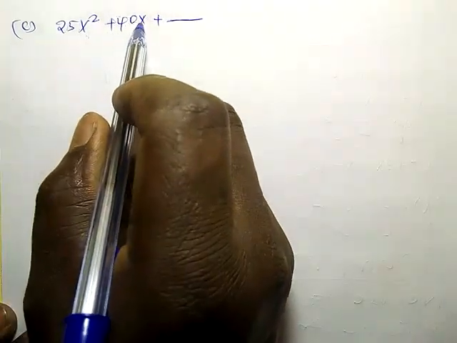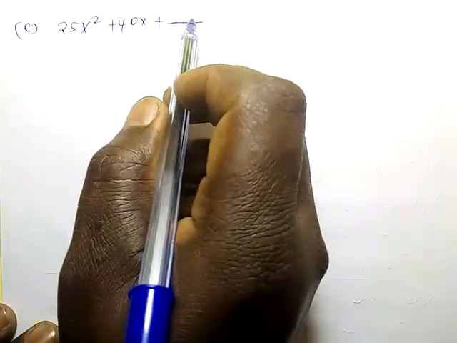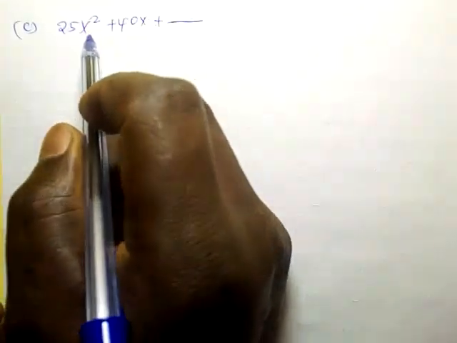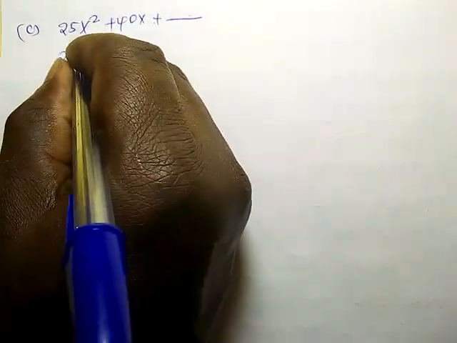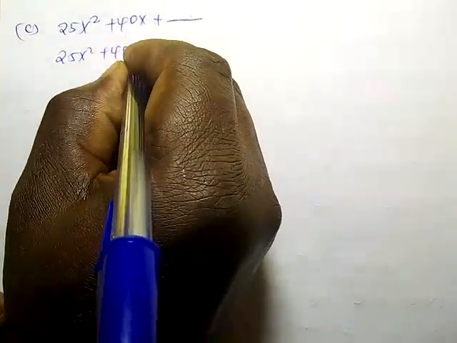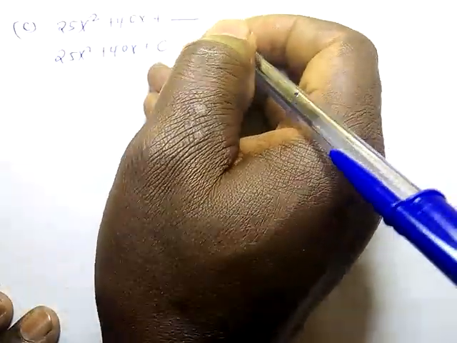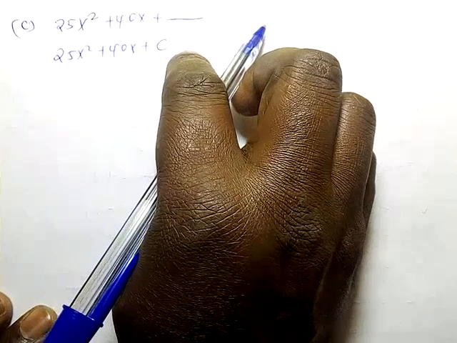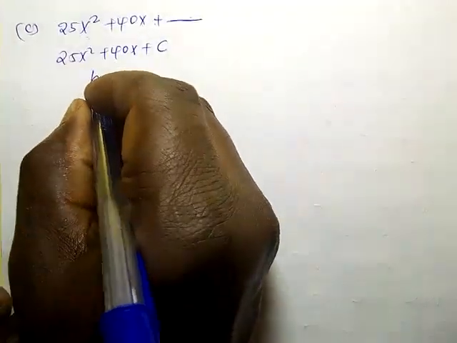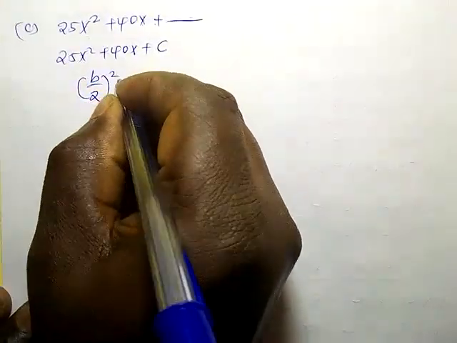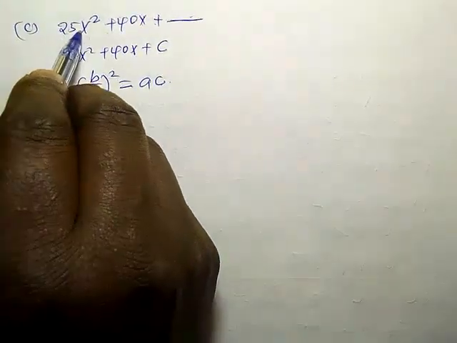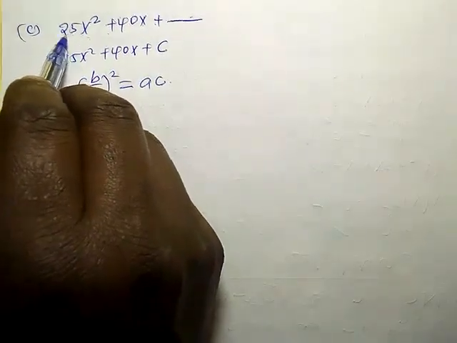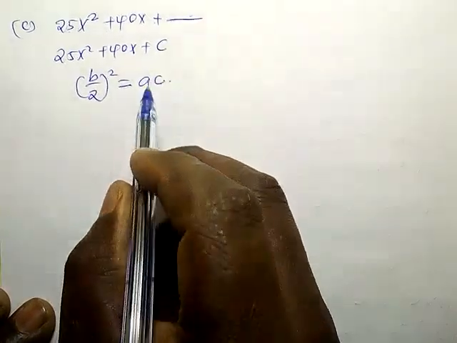25x squared plus 40x plus a constant are missing. So what must be added here to make it perfect? So this one is a constant. So 25x squared plus 40x plus c is a perfect square. So if it is a perfect square, it means that b divided by 2 squared equal to ac. Why ac? Because the coefficient of x squared is more than 1. So that's why we have ac.